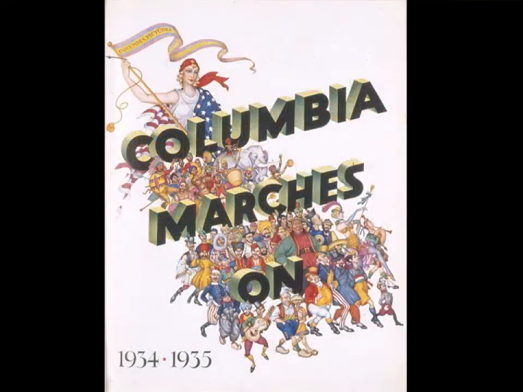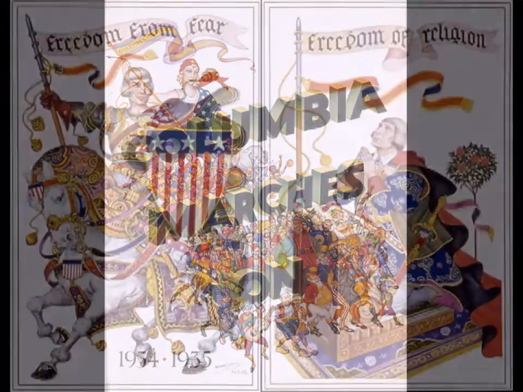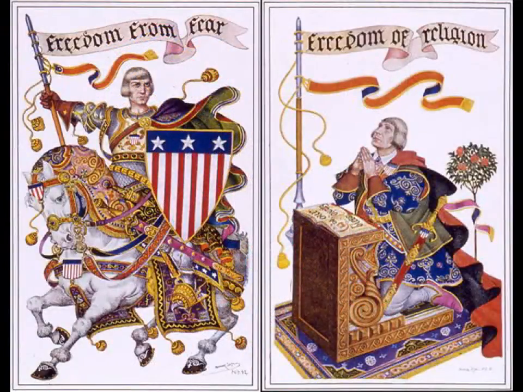And again, the diversity of America is seen in this work of art, Columbia Marches On, painted by Szyk in 1934, actually for the cover of a yearbook for Columbia Pictures in Hollywood. When Szyk was here during that time, he received many commissions. And again, here you see the great diversity as portrayed by Szyk, and that being part of the cornerstone of American life. And Szyk illuminated the four freedoms as well.